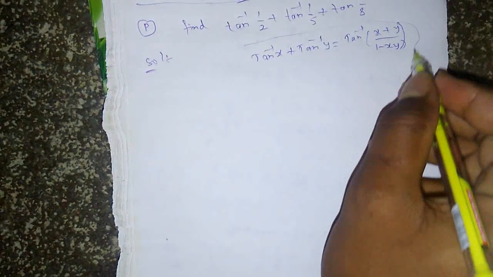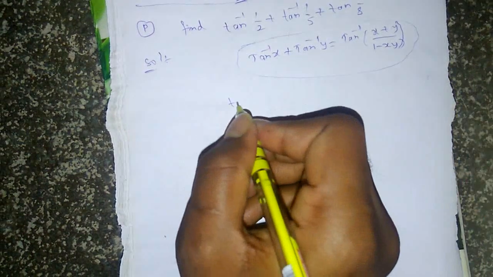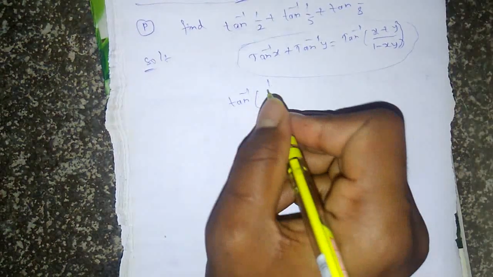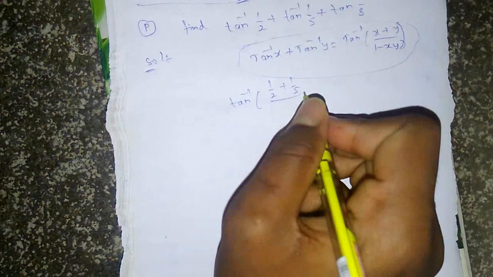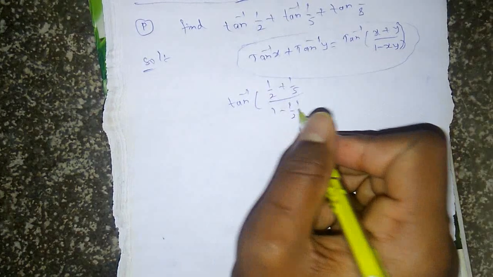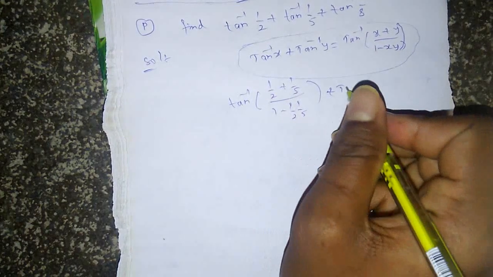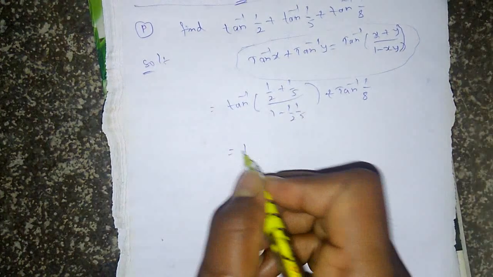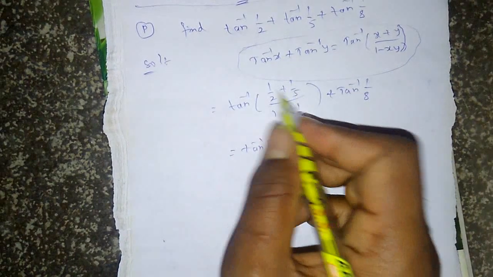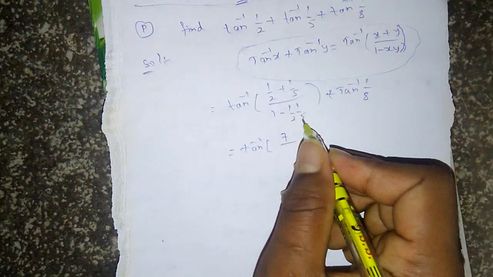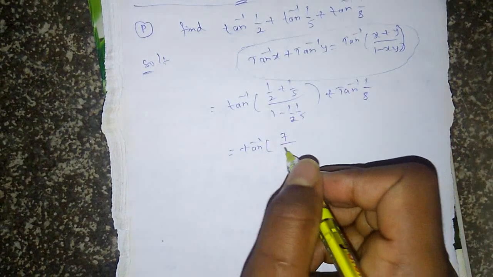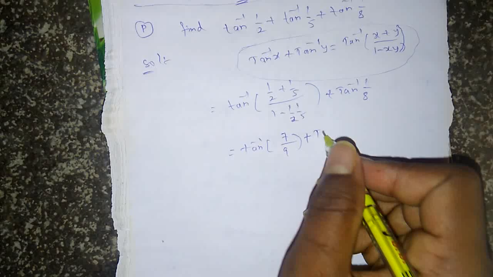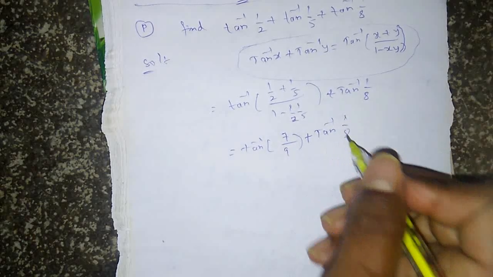So apply this formula for the first two terms here, that is tan inverse of 1 by 2 plus 1 by 5 by 1 minus 1 by 2 into 1 by 5, plus tan inverse 1 by 8. This is tan inverse, here take LCM, 5 plus 2 that is 7 by 5 to the 10, 10 minus 1 is 9. Tan inverse 7 by 9 plus tan inverse 1 by 8.